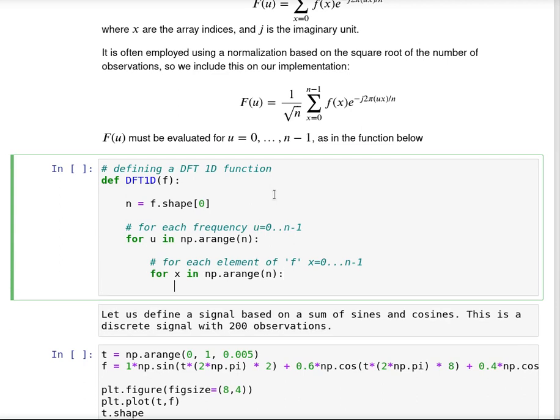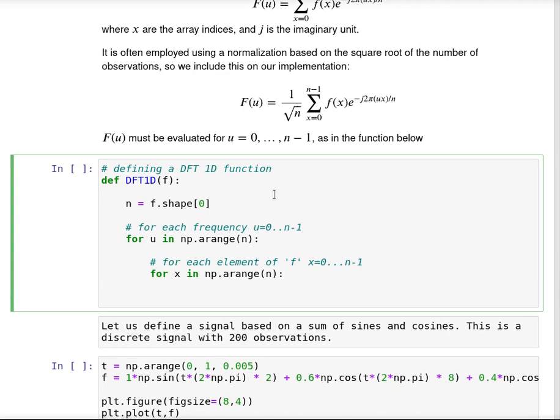We can then compute this function here, so this equation here. Inside this for loop, this x loop, it's going to be this term f of x times e to the power of minus j 2 pi ux divided by n.